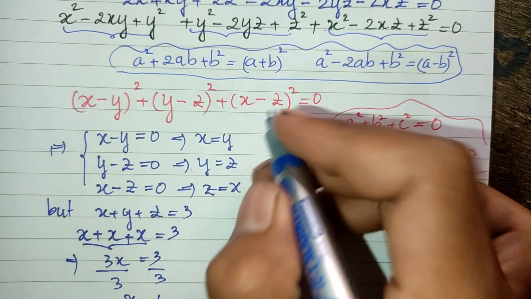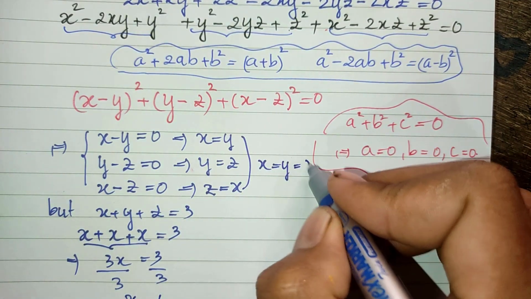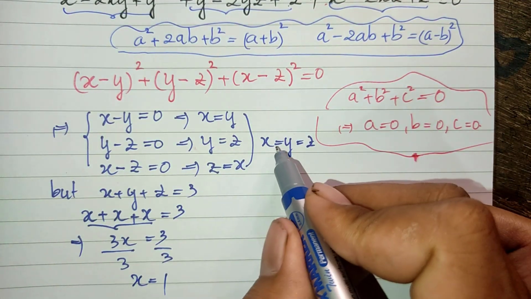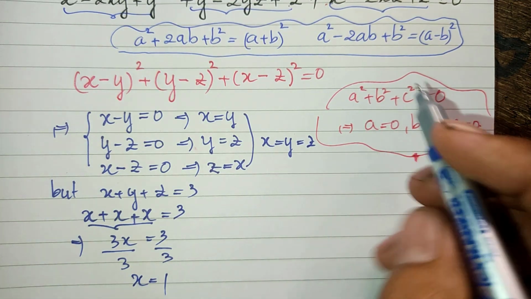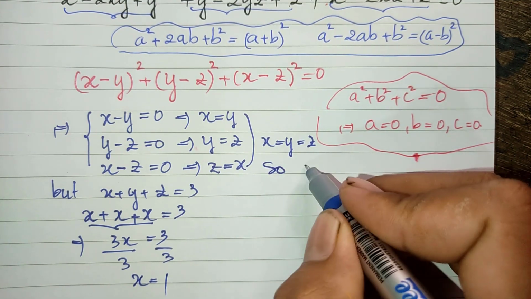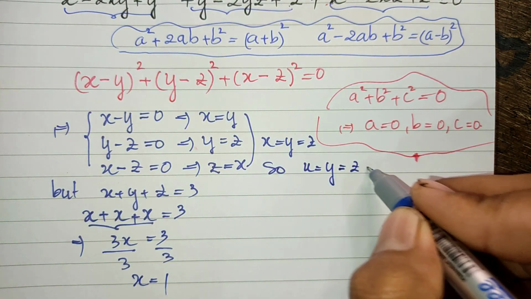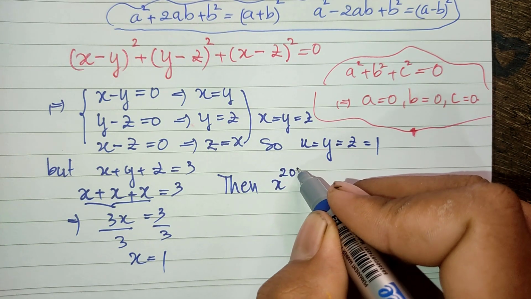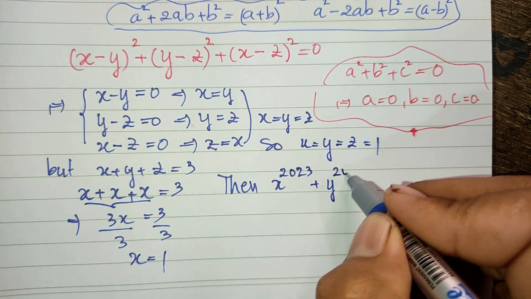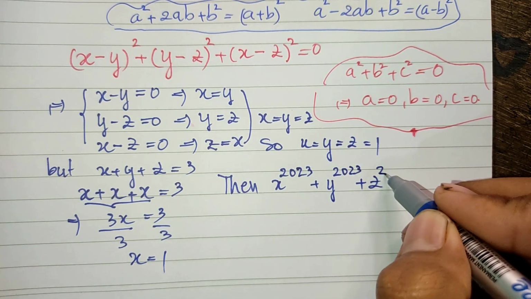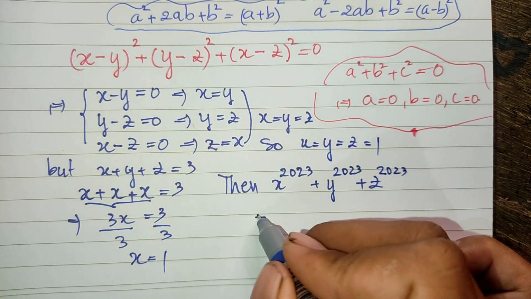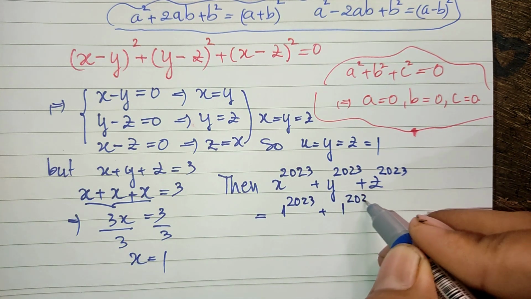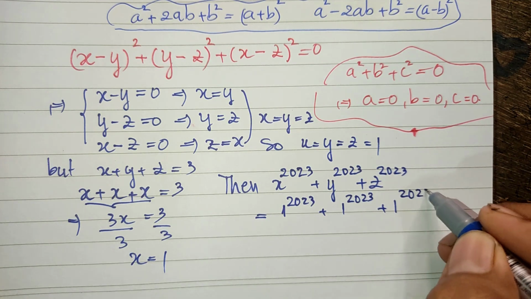So x equals y equals z equals 1. And then we get the value of x power 2023 plus y power 2023 plus z power 2023 equals 1 power 2023 plus 1 power 2023 plus 1 power 2023.